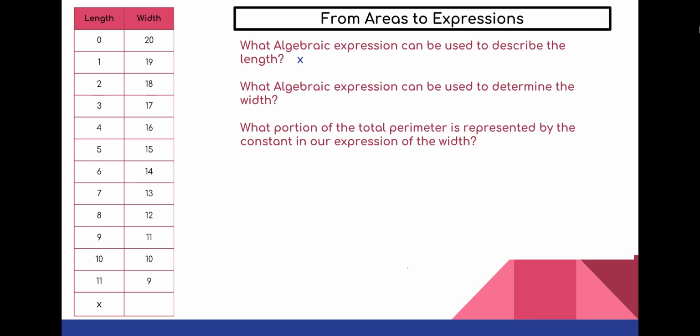But where am I starting? Starting with a value of 20. In fact, when I look at all of these pairs of lengths and widths, their total sum is always 20: 0 and 20, 1 and 19, 2 and 18, so on. So I somehow need to develop an expression that shows I've taken that length away: 20 minus x.